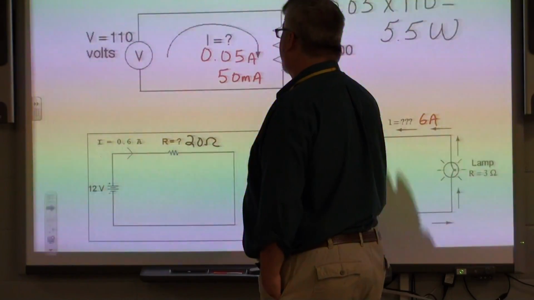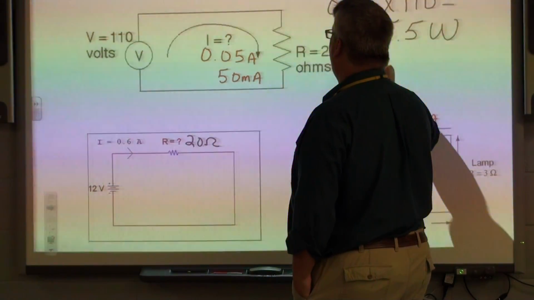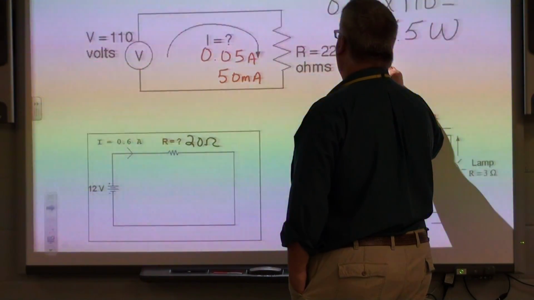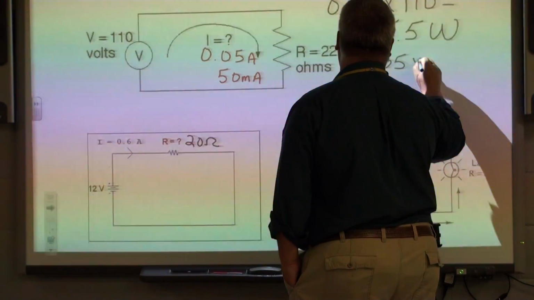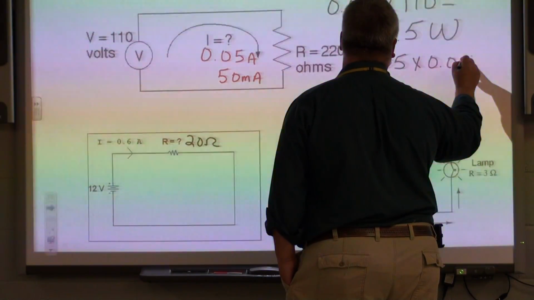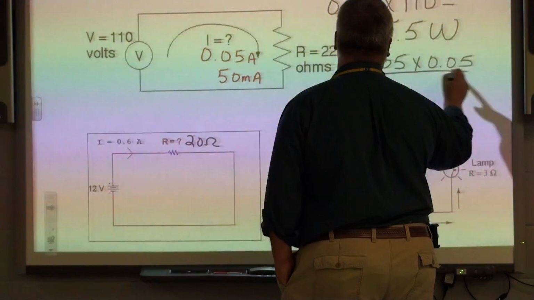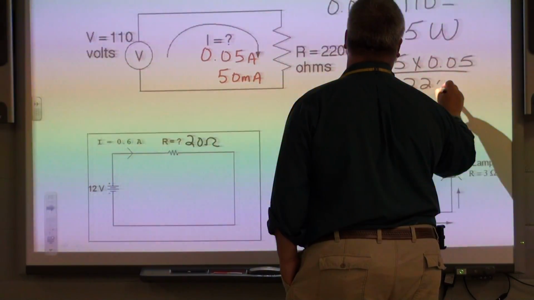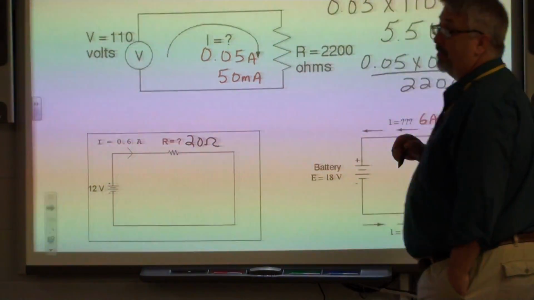We won't try both. Let's try I squared times R. So somebody take 0.05 times 0.05 and divide it by 2200. Tell me what to do.